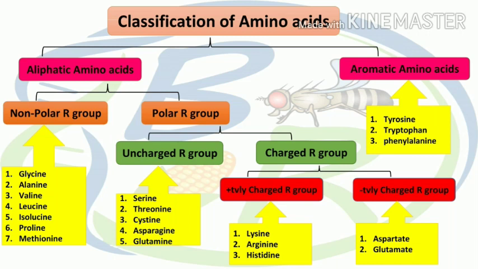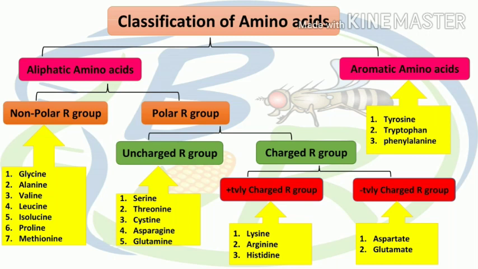All of the aliphatic amino acids have a non-cyclic R group, whereas aromatic amino acids have a cyclic R group, and the three amino acids in the aromatic category are tyrosine, tryptophan, and phenylalanine. Aliphatic amino acids can be further divided into two broad groups: non-polar R group amino acids and polar R group amino acids.